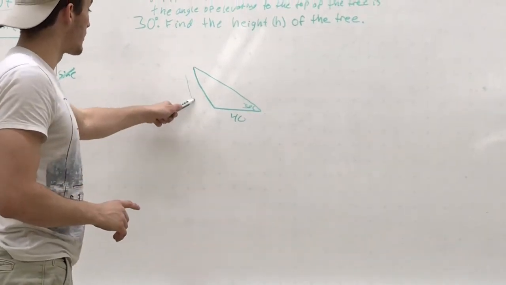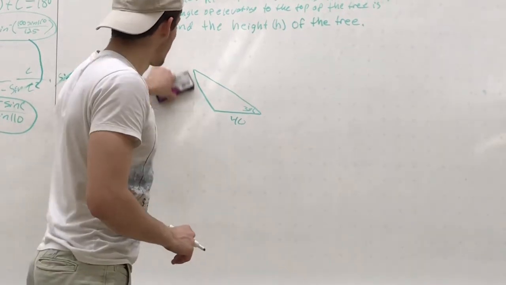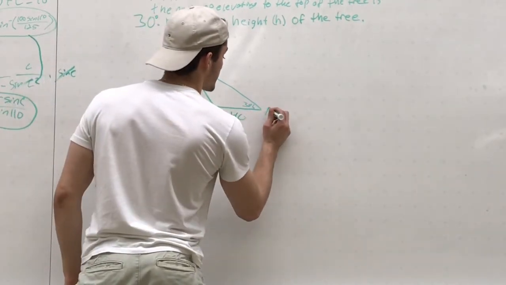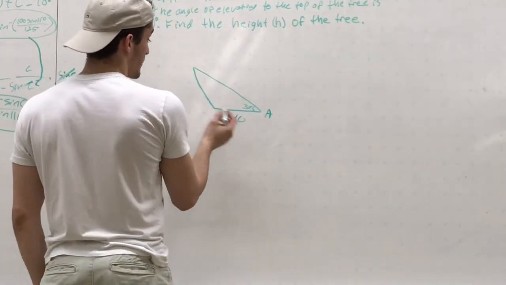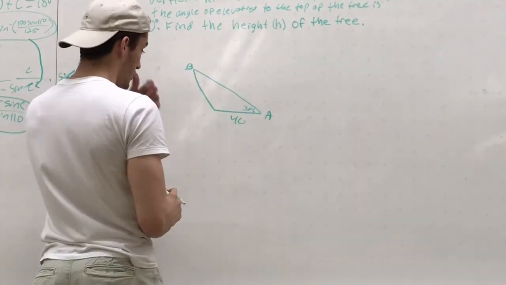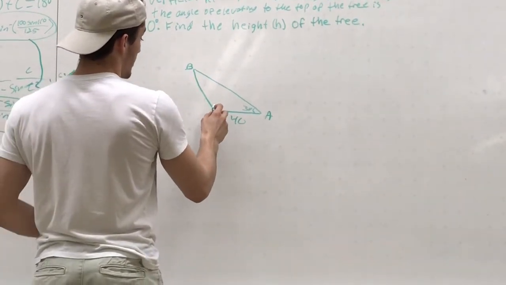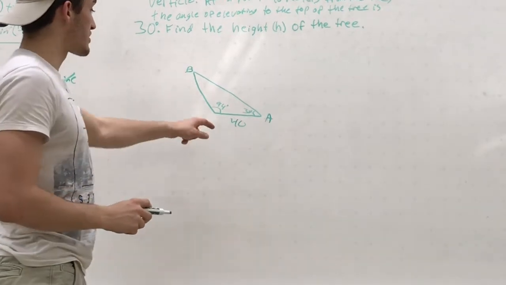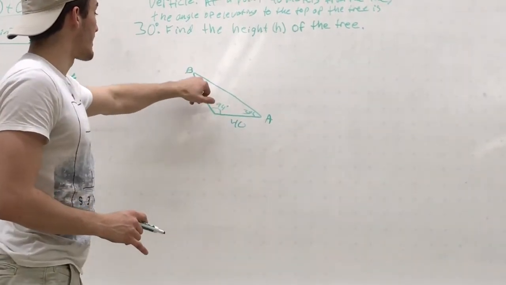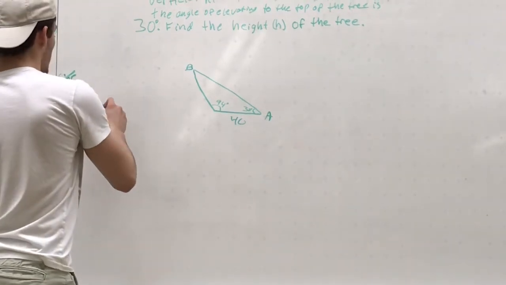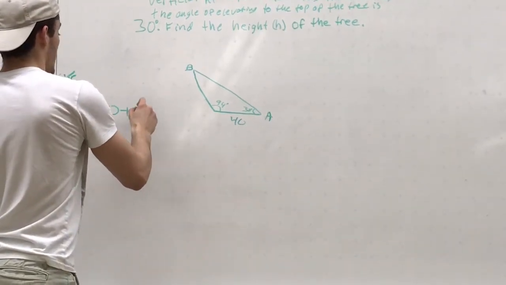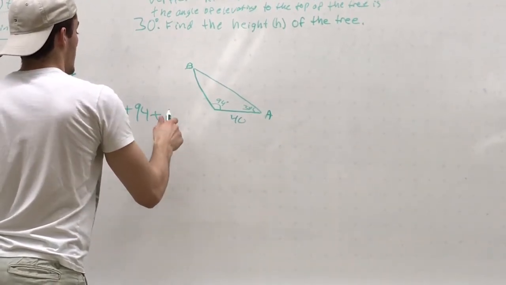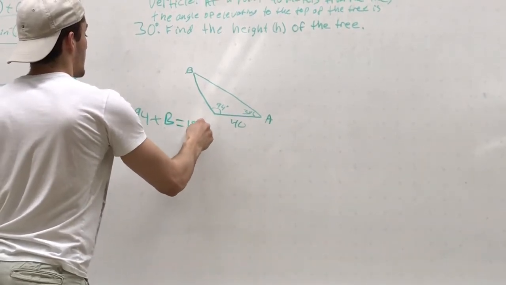And you want to find this side right here, which is opposite what we'll call angle A. And you're given side b here. And this angle, you already know, is 94 degrees. Since you know these two, you also can find B. So you add 94 plus 30 plus B equals 180.